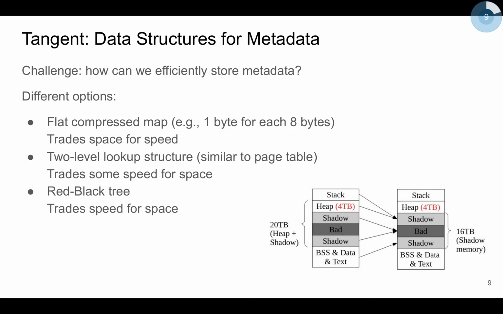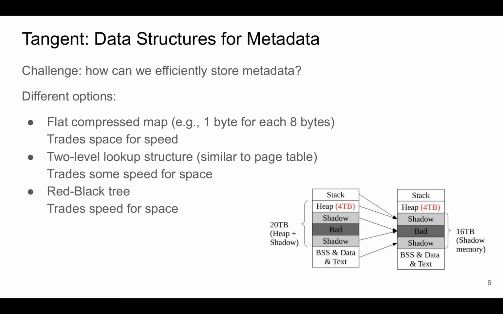Let's see what we do. So data structures for metadata are, as some of you mentioned, right? We could have a two-level lookup structure. We could have a red-black tree. I think this was mentioned with the interval trees. We could have a bitmap. This is the flat compressed map, right? We could have 1 byte for each 8 bytes. So this trades space for speed.